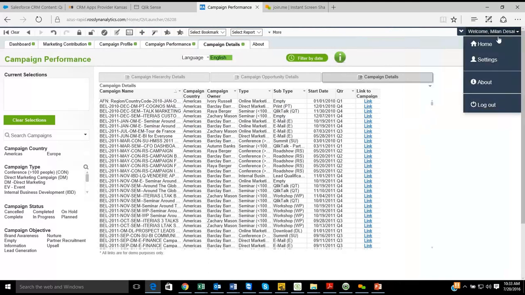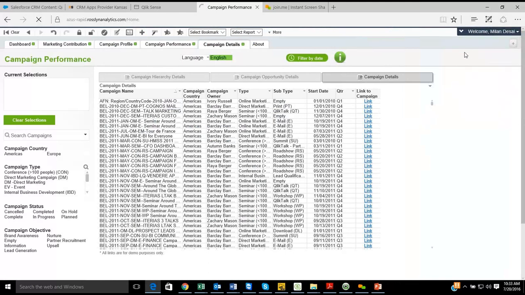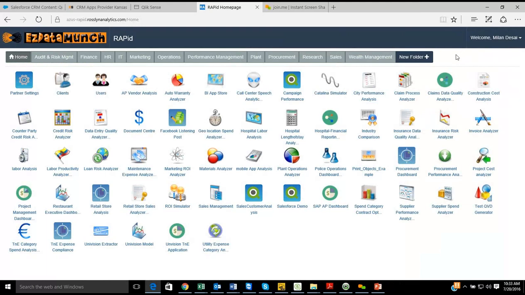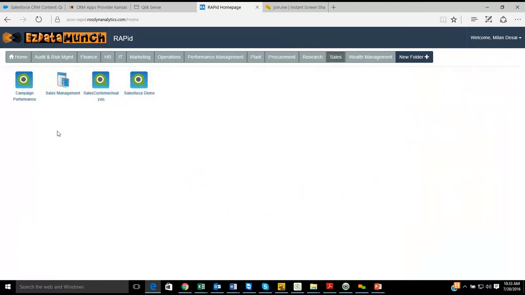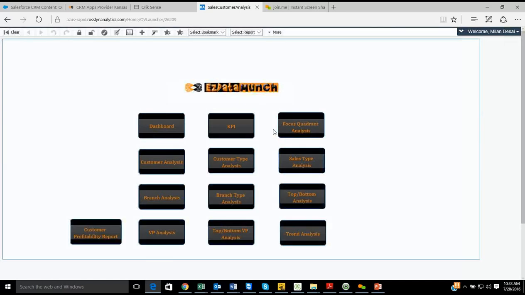Now, basically, let's go back and look at the customer analysis part of it. So now we are going to look at data, not just the sales data, but also the customer data.